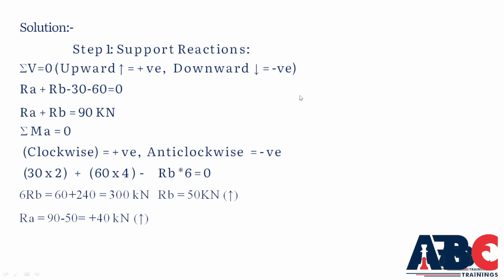You can calculate the support reactions Ra and Rb, which come to 90 kilonewton in total, and the summation of moments you can calculate. If you know the calculations, then you can calculate easily. Then Ra comes to be 40 kilonewton.